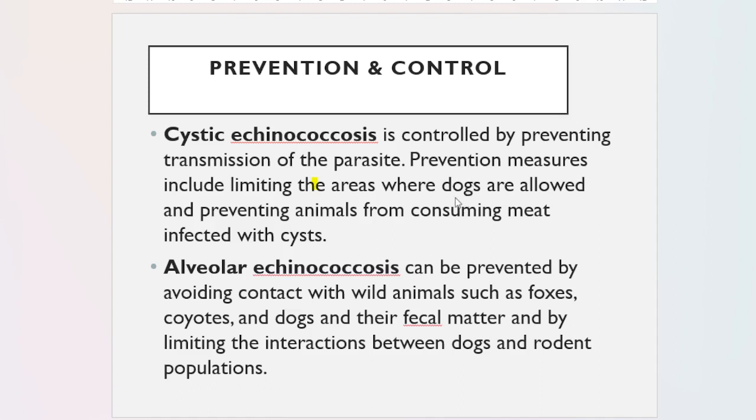Although pag mga pet animals naman, of course, they will not consume fresh meat from sheep, diba? So, hindi naman to common sa mga pet dogs. So, alveolar echinococcosis can be prevented by avoiding contact with wild animals such as foxes, coyotes, and dogs, and their fecal matter, and by limiting the interaction between dog and rodent population.